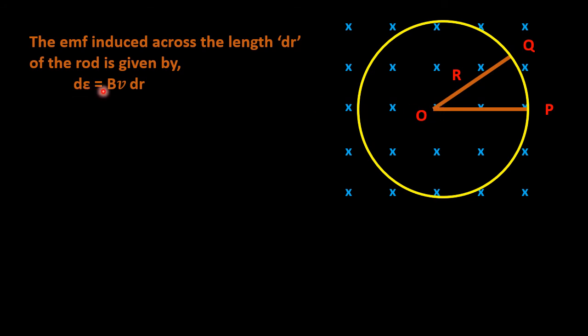So dE equals magnetic field into velocity into the small length of the rod, which is dr. This expression we got from the previous expression, E equals BLV. In the previous case, this L was the length of the rod, but here we consider only a small part of the rod first. So this L will be replaced by dr.